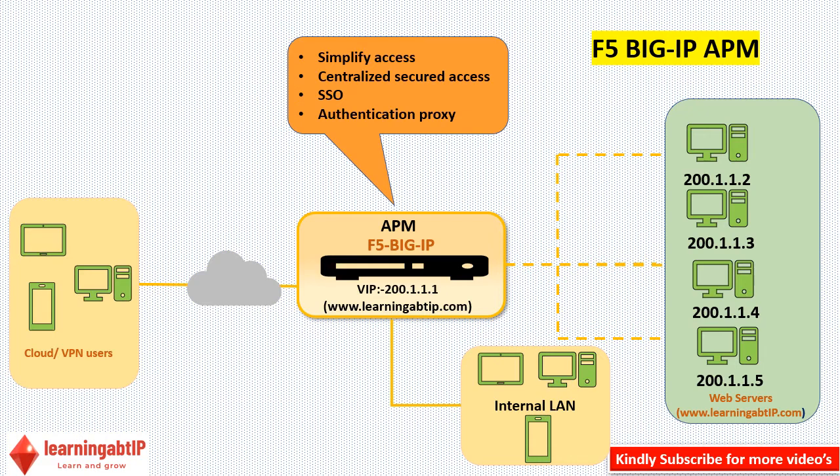Access Policy Manager is a centralized access security solution which provides multiple services to protect and manage customer applications. Here we have APM, which simplifies access management by providing centralized authentication, authorization, and accounting control directly on the Big IP system, and provides centralized secure access to applications anytime from anywhere.